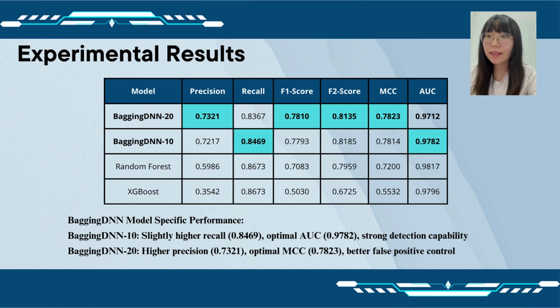Meanwhile, Geng DNN10 had a higher recall rate of 84.69% and the highest AUC reaching 0.9782. From the confusion matrix, it can be observed that Geng DNN20 successfully identified 82 fraud cases, with only 16 missed, showing good practical value.